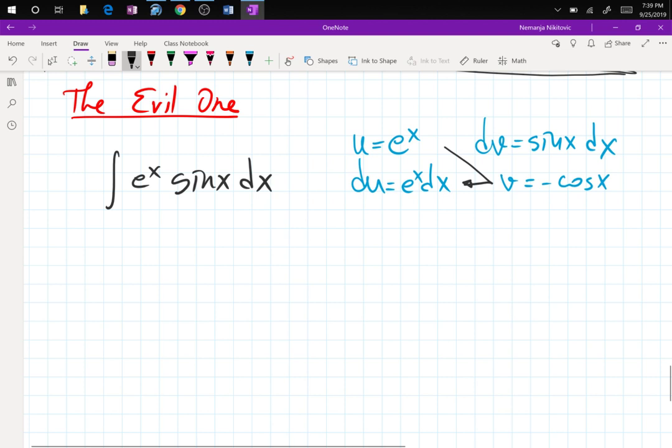Good. You remember this. All right, so what do we have? Well, we have negative e to the x cosine x when I multiply uv. And then minus and minus will give me a plus, so for the formula here, I'm going to have the integral of e to the x cosine x dx.